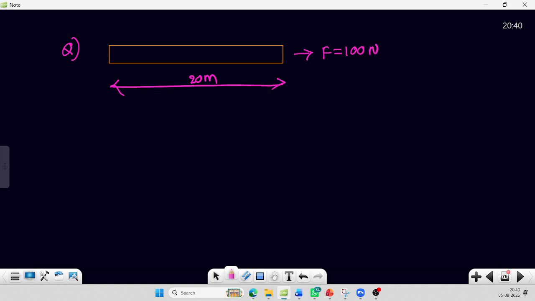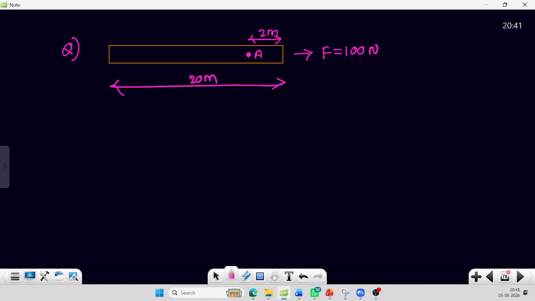Let us call this point A, and this distance is given as 2 meters. They ask to find the tension at 2 meters. Understand the problem? So let us say this is my rod, 20 meters. We apply some force here, and I am asking the force at this location.